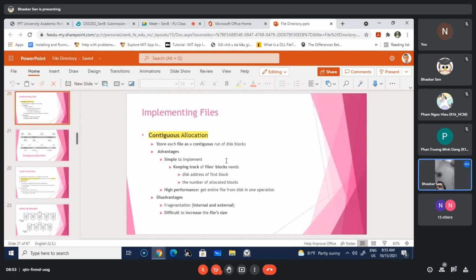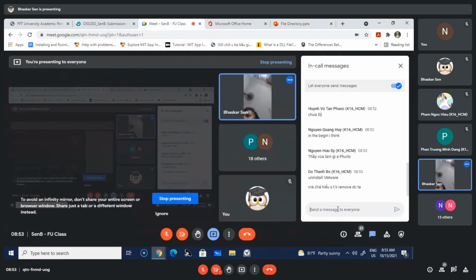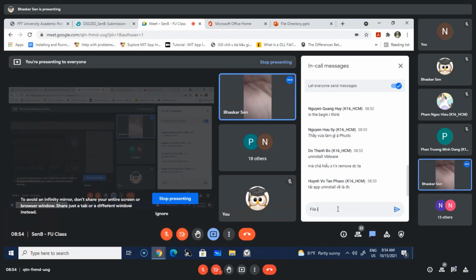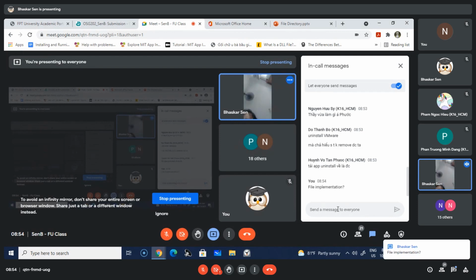Contiguous allocation, implementation of file. File implementation. Is it where we'll get started? File implementation.